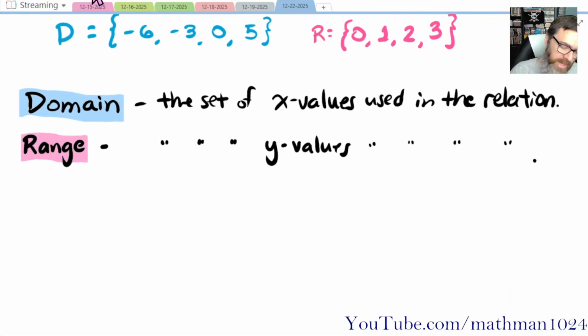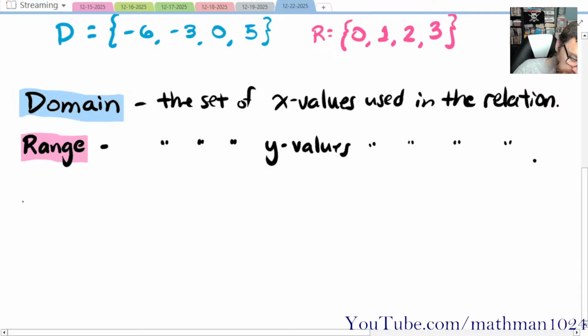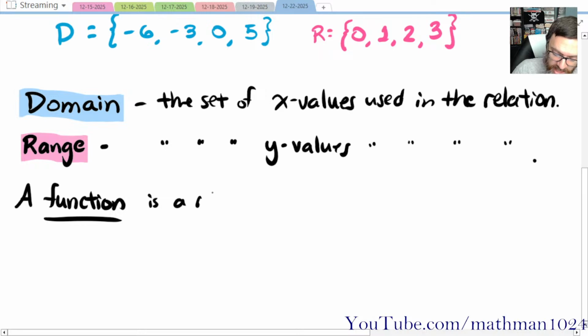Now, the big topic for what we're talking about today is the concept of functions. And what is a function? So a function is a relation.